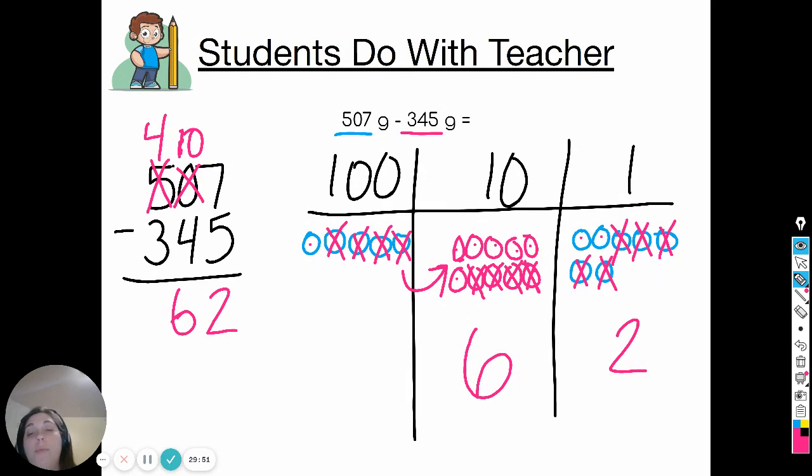We only have 1 left. And you can see 4 minus 3 is 1. So 507 grams minus 345 grams equals 162 grams.